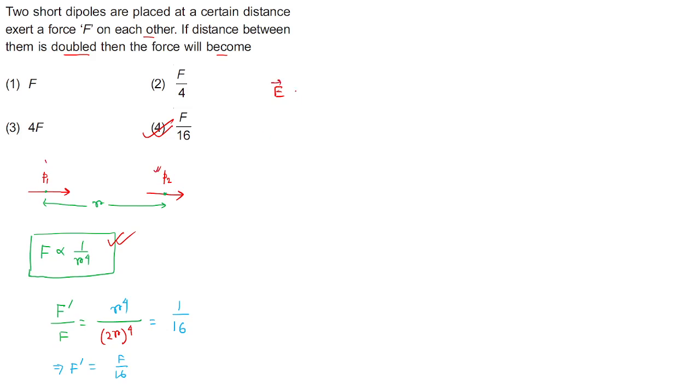What is the value of the electric field at the position of P2 due to P1? It is nothing but 1 by 4 pi epsilon naught, 2 P1 by R cube, where R is the distance between them.